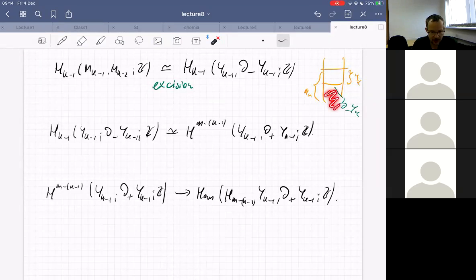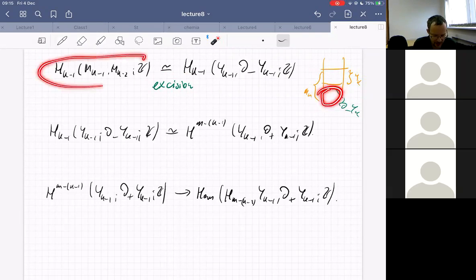So I uploaded the notes so that you can come back to the notation if you need. So we have the excision isomorphism. This is like replacing the big space with the small space.